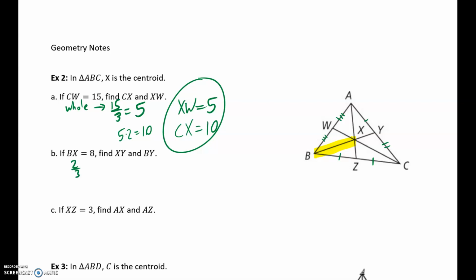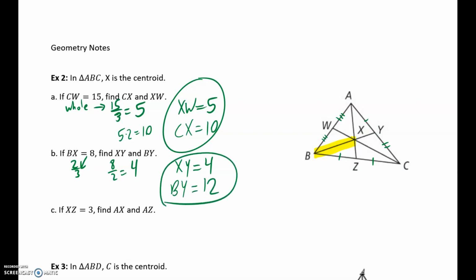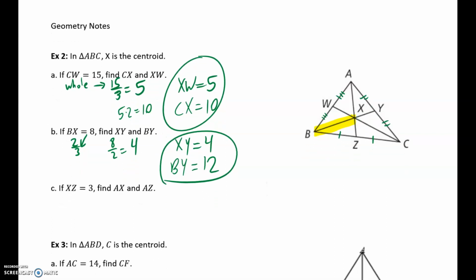Well, the rule says I divide that by 2, so I'm going to take 8 divided by 2. That's 4. That'll get me the 1/3 part, which is XY. So XY is 4. And then to get the whole thing, which is BY, I take 4 plus the 8, and I get 12. Or notice you could take the 1/3 part and multiply it by 3. 4 times 3 is 12 as well.